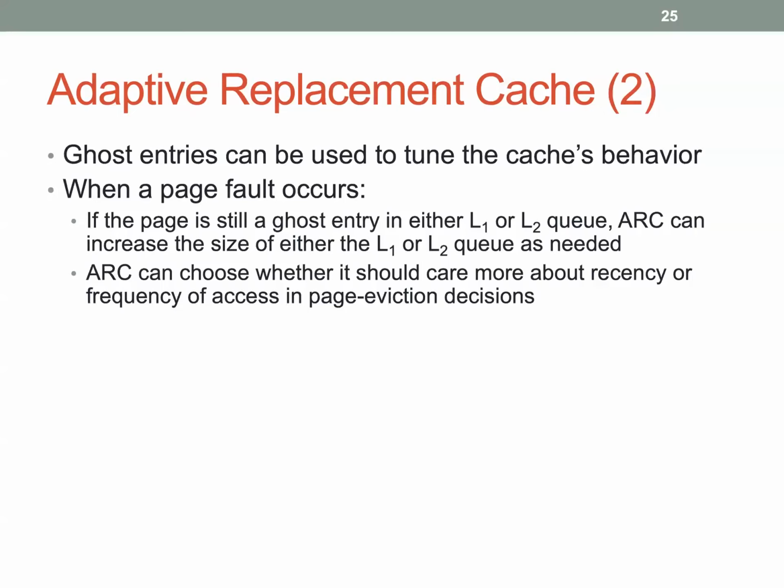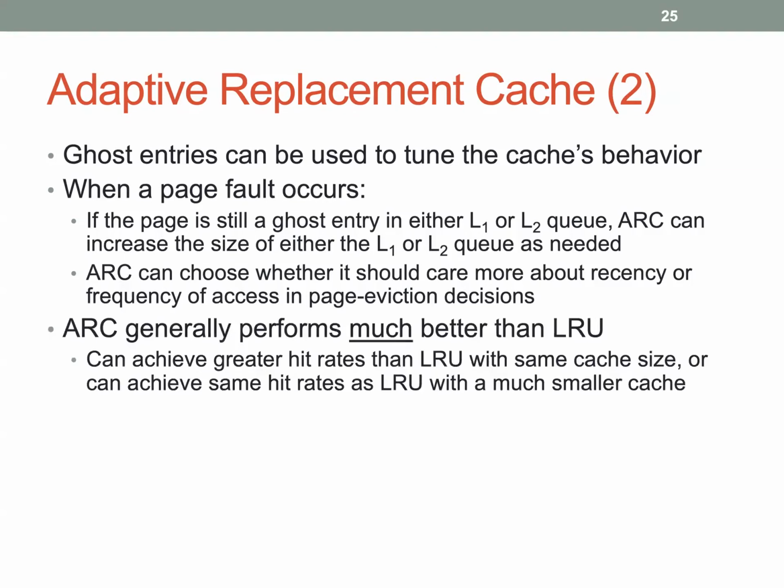So you grow the L1 queue size, how much is kept in memory for L1. Or if you get a fault on a ghost entry on the L2 side, you grow the L2 queue and take away something from the L1 queue. So it shifts back and forth based on what faults hit ghost entries so that it can tune to the behavior of the programs that are running currently on the system.